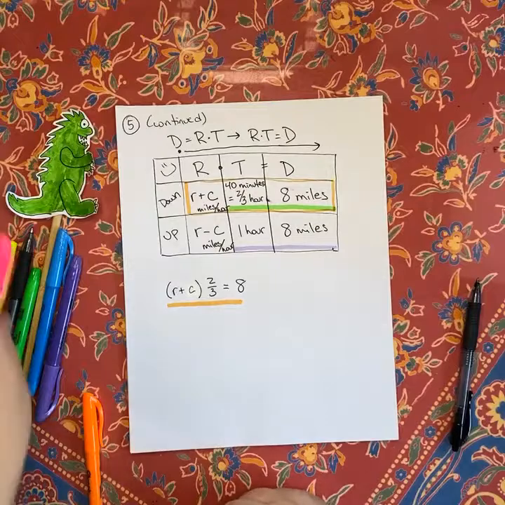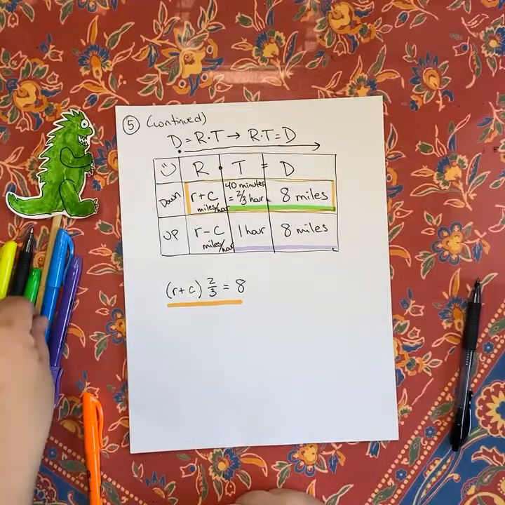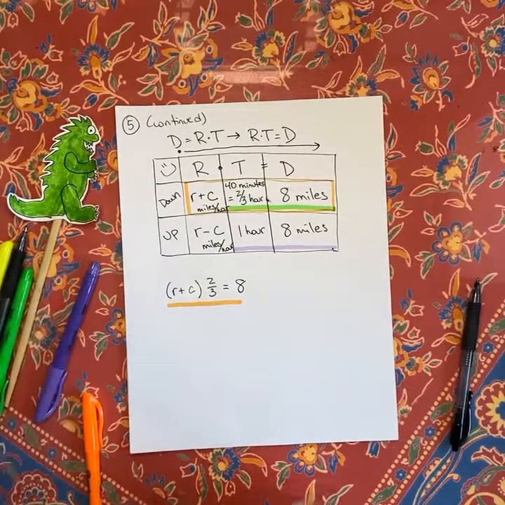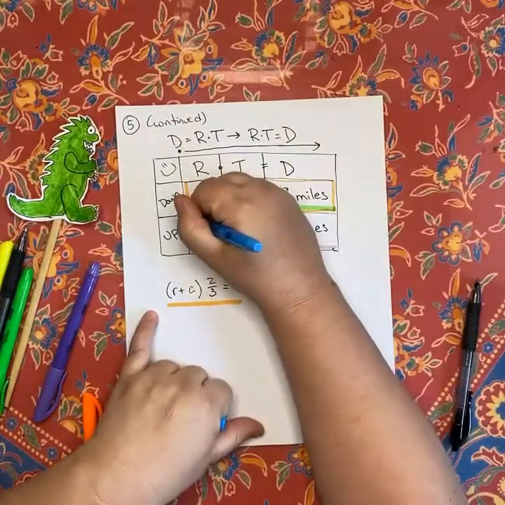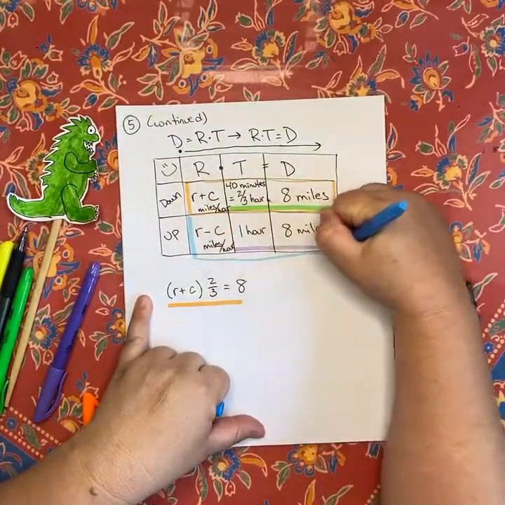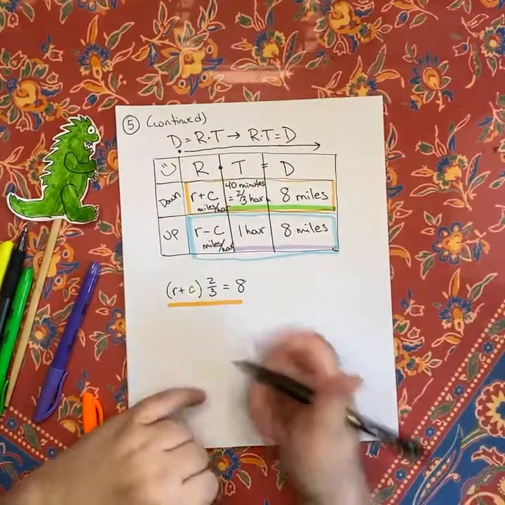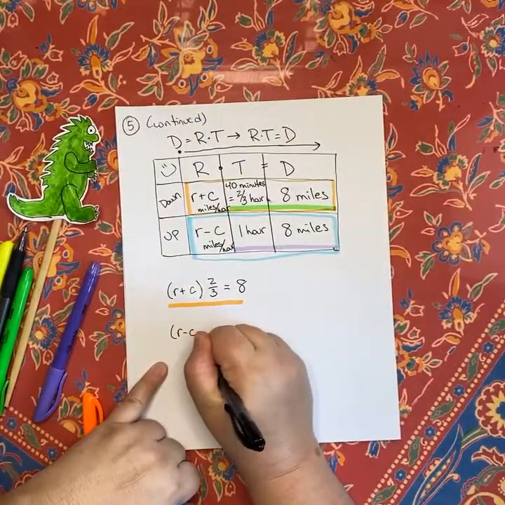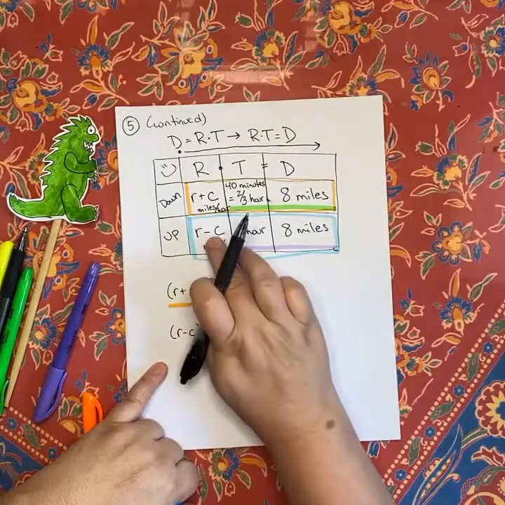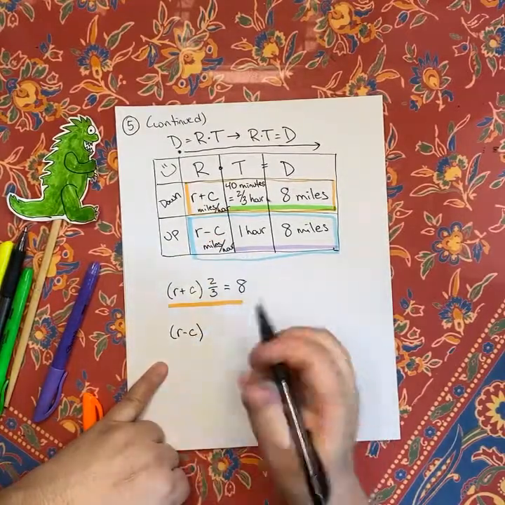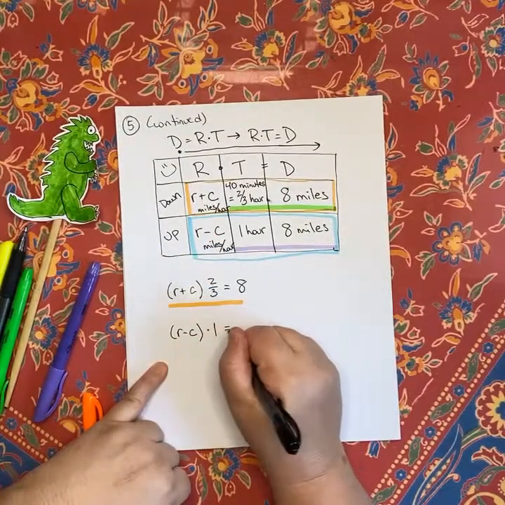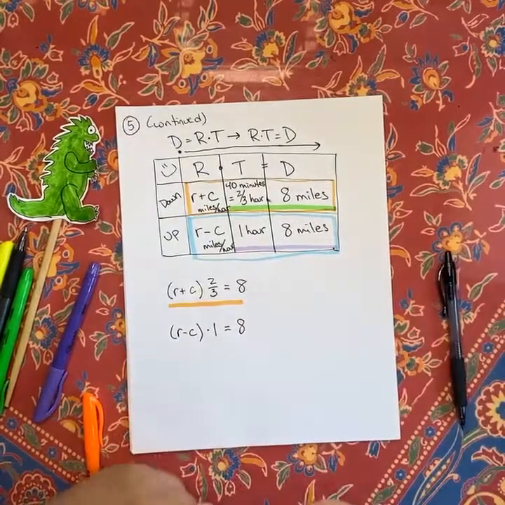We'll go with blue. Let's try blue. Oh, my blue box is all over the place. R minus C, since this is a single quantity, I need to put it in parentheses, times 1 also equals 8, and that's blue.